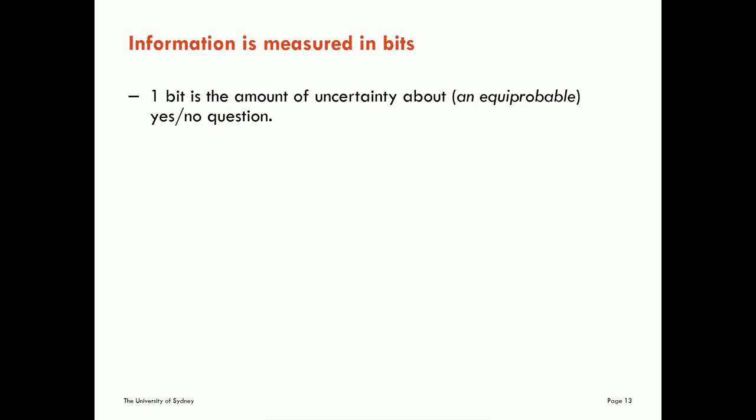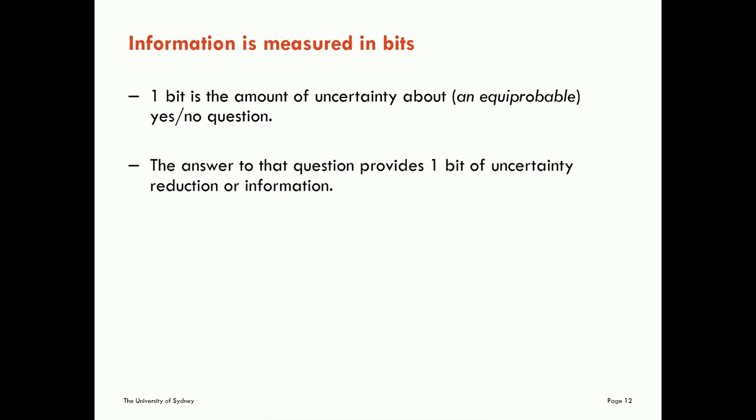Importantly, we normally measure information in bits. 1 bit refers to the amount of uncertainty about an equiprobable yes or no question. Does my coin flip give me a head or tail? Is the next person to walk through the door a male or a female? The answer to that question provides 1 bit of uncertainty reduction, or information.